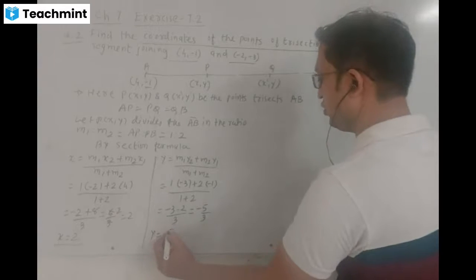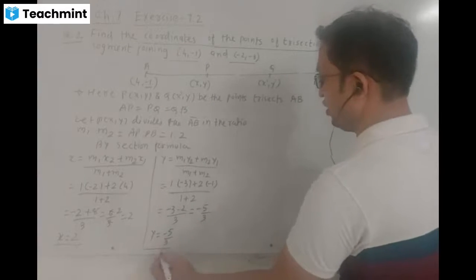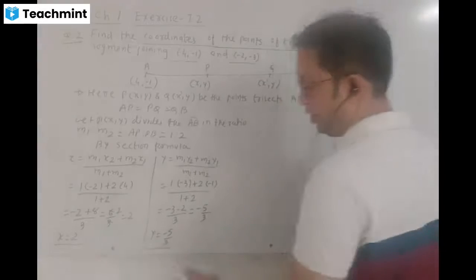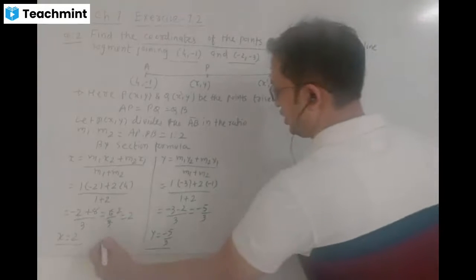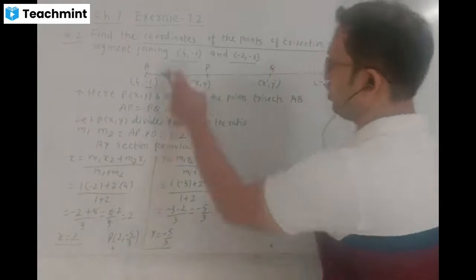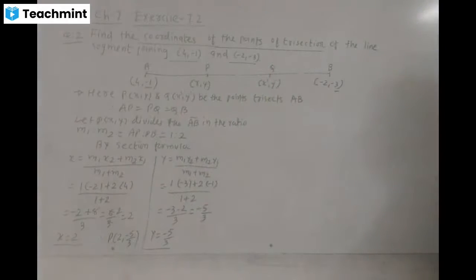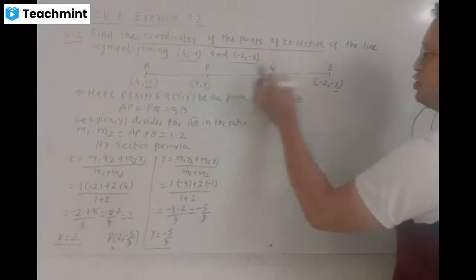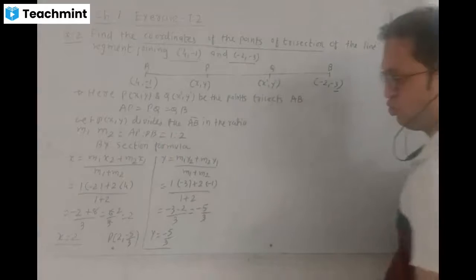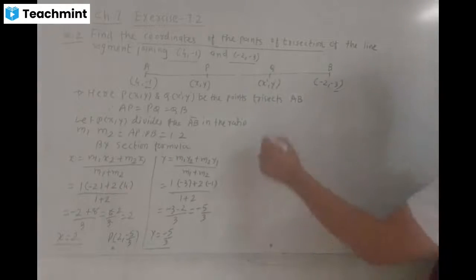Therefore y is equal to negative 5 by 3. Therefore the coordinate of P(x, y) is (2, -5/3), the required point on the line segment AB which divides AP to PB in the ratio 1 is to 2. Point P coordinate is (2, -5/3).